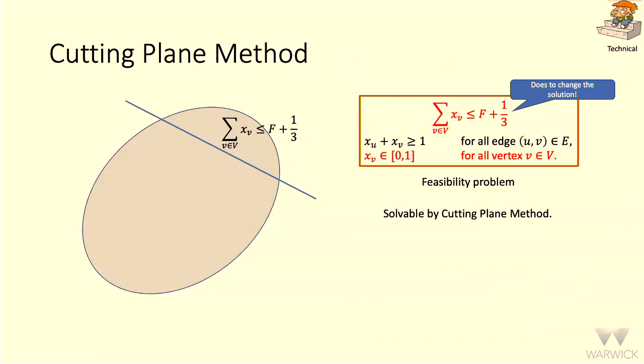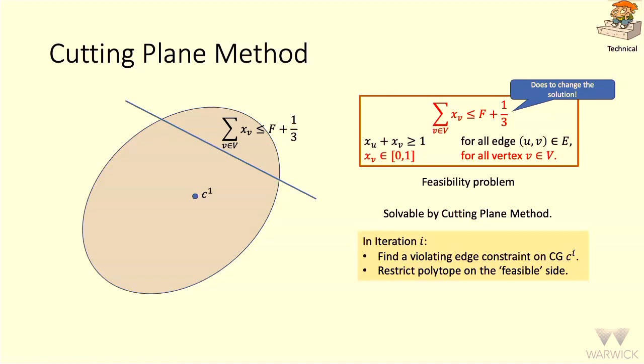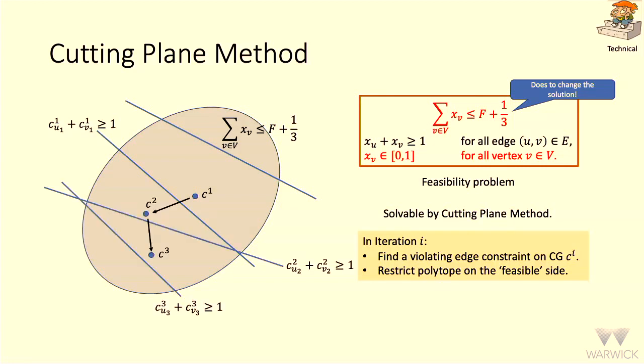So here is the polytope we are working with. We try to find the center of gravity, and we try to find a violating constraint of it. And we go either left or right, depending on which way the constraint is getting violated, and so on and so forth. That's how it works.